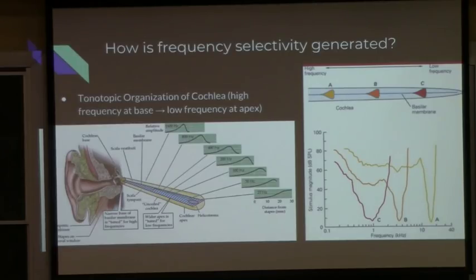And all along the rest of the cochlea, from the base to the apex, you have this tonotopic organization, a progressive change of selectivity towards certain frequencies of sound.